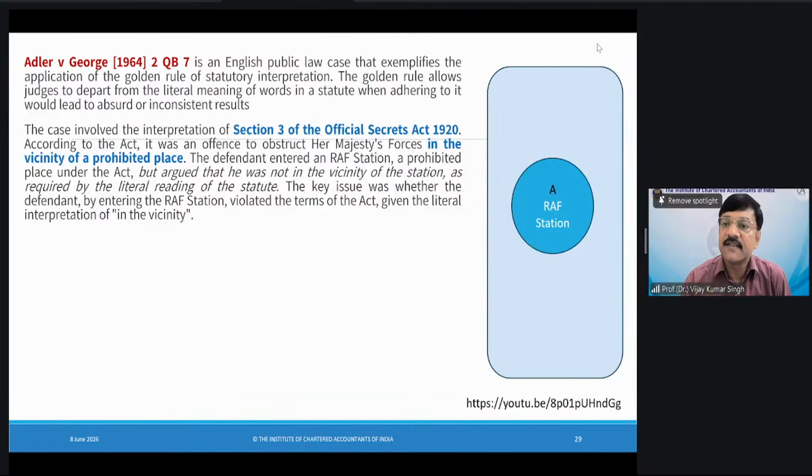If you look at the diagram on the right side, A is the RAF station, that is dark blue. As per the provision, in the vicinity will include all the light blue section near A. Is it clear till this point to all of you?